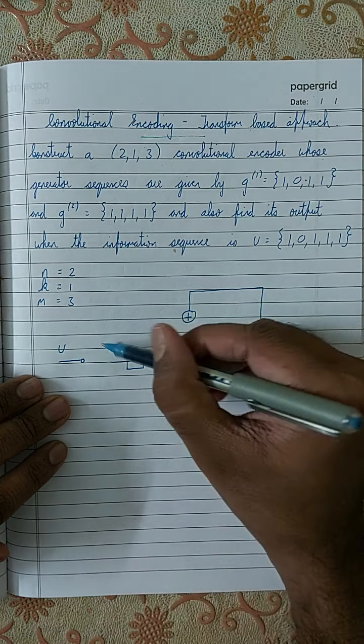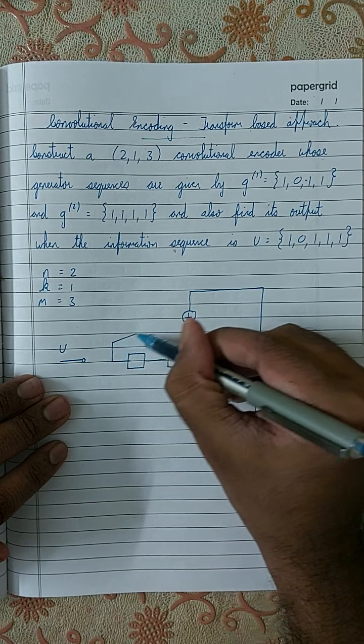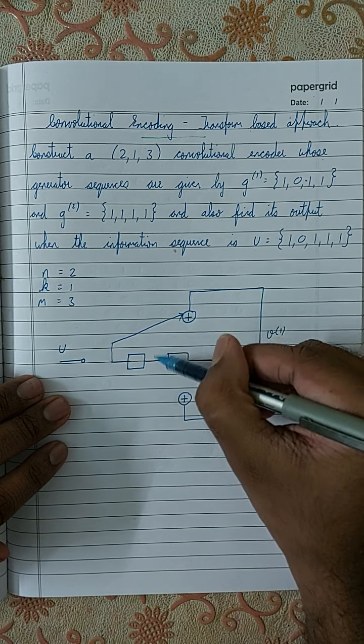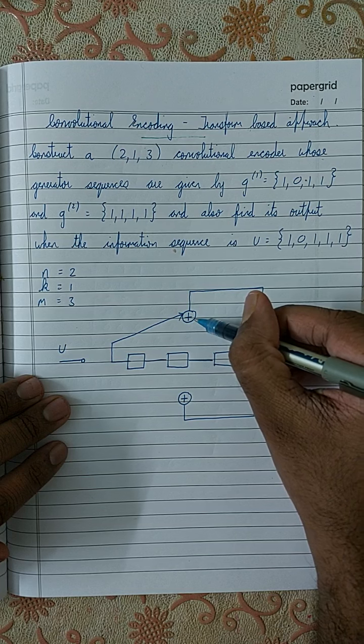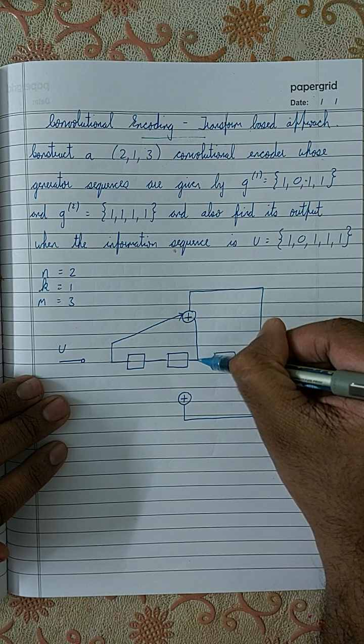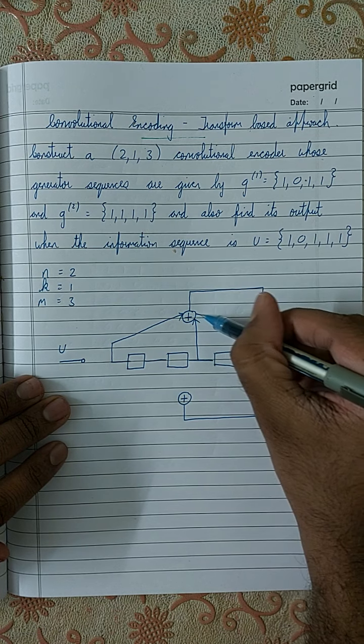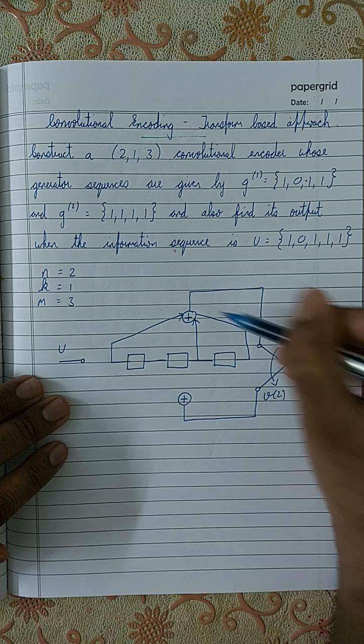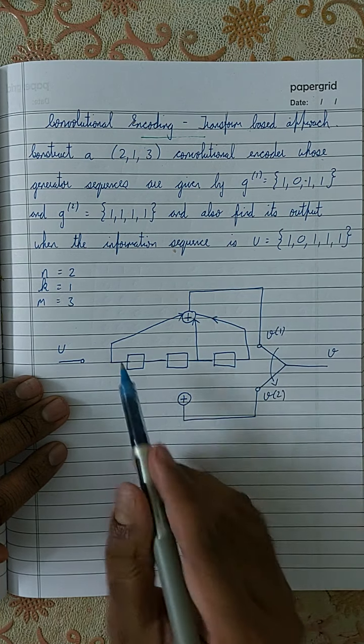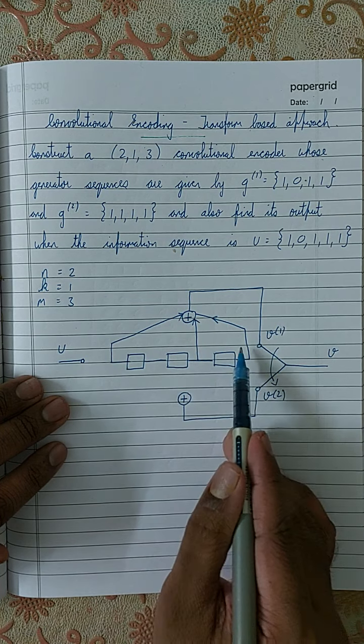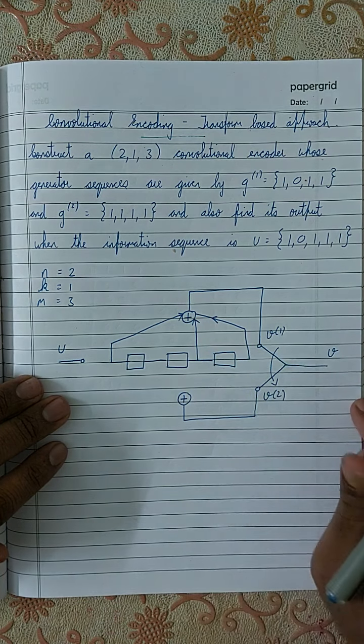So it is 1, 0 means no connection, 1 and 1. 1 0 1 1.